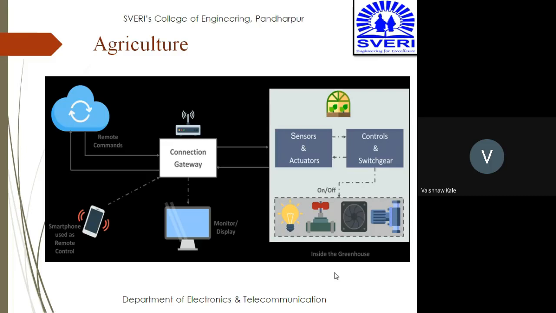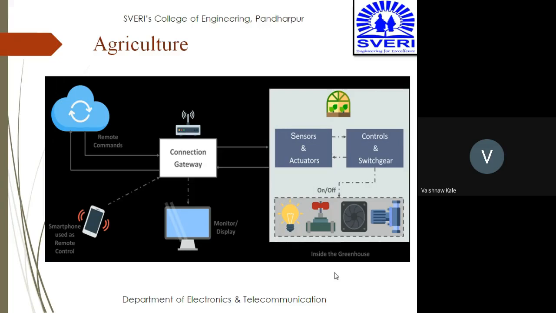So you can see the greenhouse agriculture way of doing it. The information can be collected, and the smartphone can act as a remote control. The remote commands will be given to the gateway, where it can be monitored and displayed.